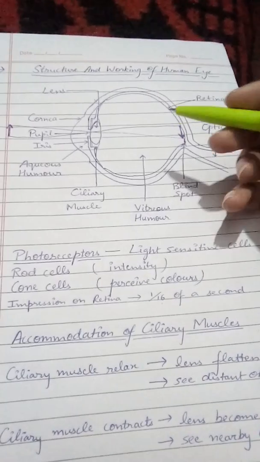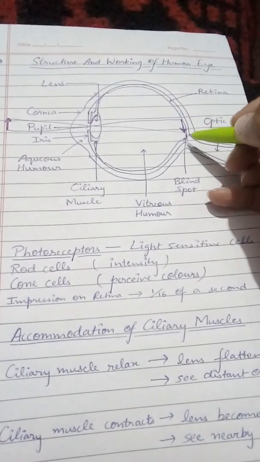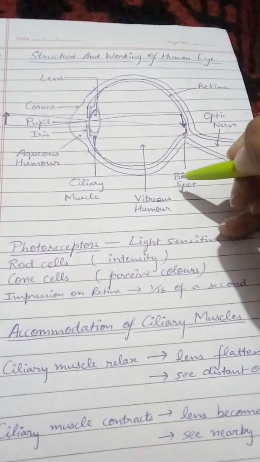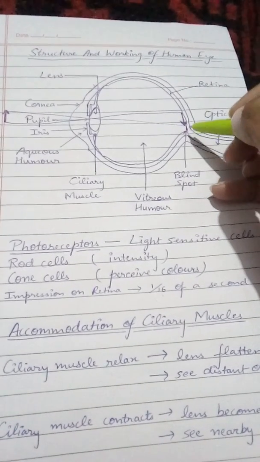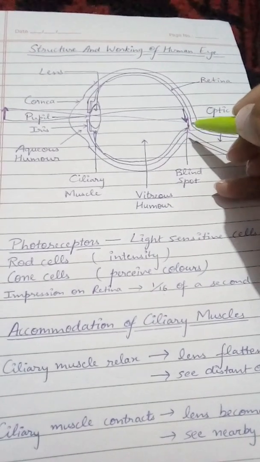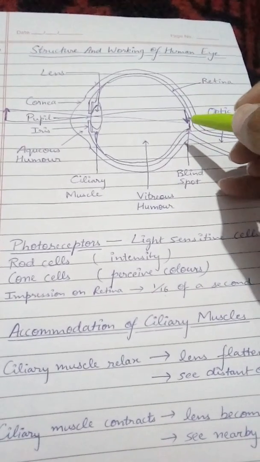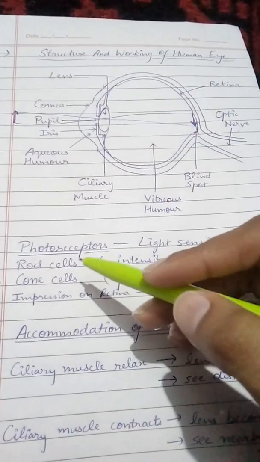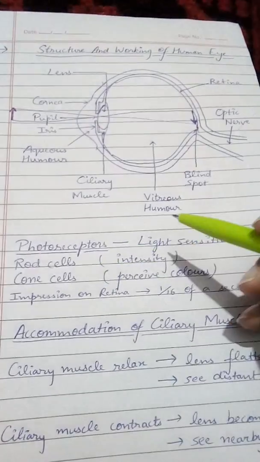So, this blind spot, as the name suggests, if an image is formed on this blind spot, then we are not able to see the object. It's just because at this spot our photoreceptors, rods and cones, are not present.